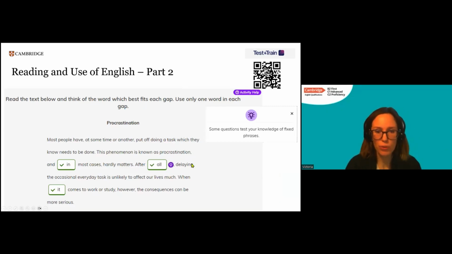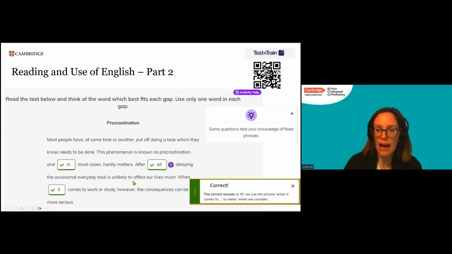So here we've got "after all". And then also, giving you feedback when it comes to work or study. The correct answer is "it". We use the phrase "when it comes to" to mean "when we consider".